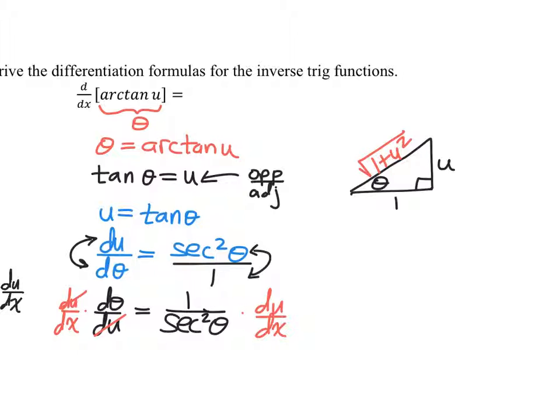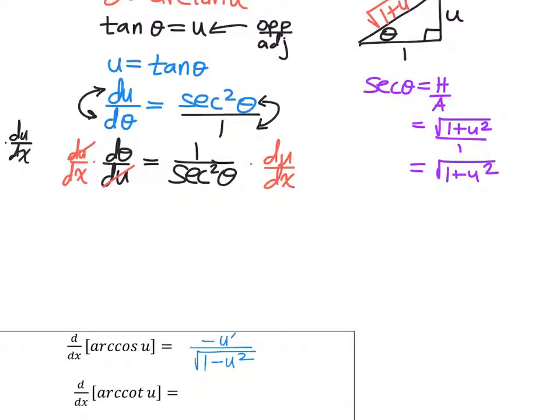All right. And I'll just show the extra step on this one because we actually have to square secant, so it makes sense to figure out what secant actually is first. Secant of theta is hypotenuse over adjacent. So in this case, it would be the square root of 1 plus u squared over 1, which is just the same as saying the square root of 1 plus u squared. So that's what secant is equal to. Secant of theta.